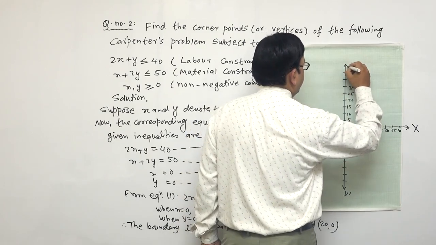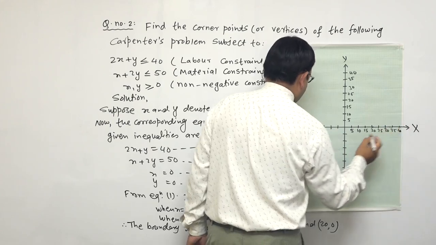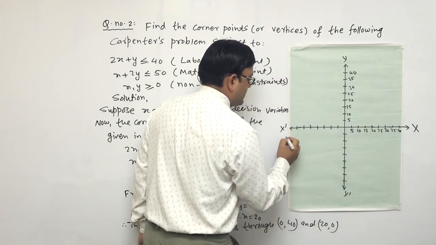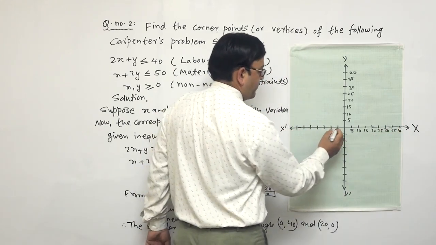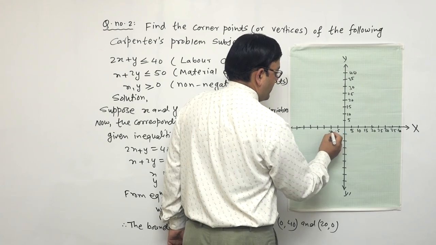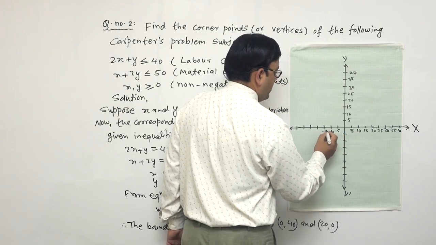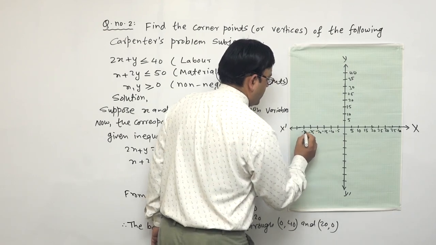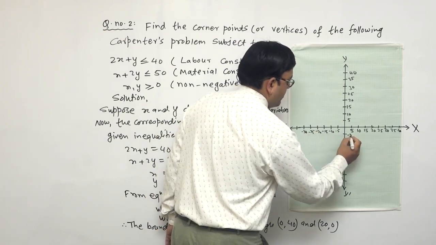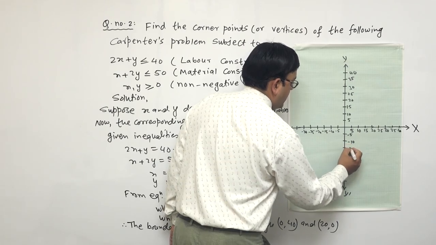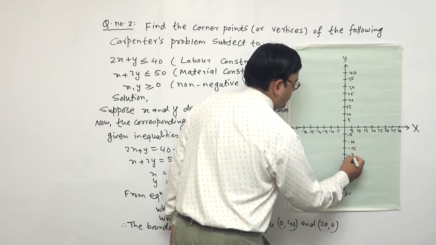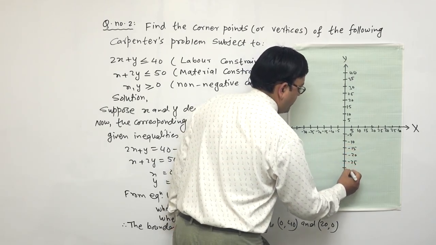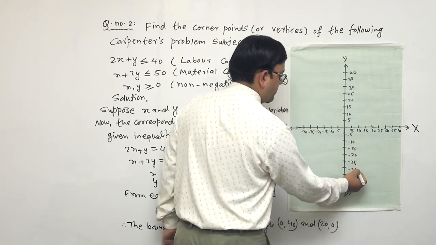Let us say this one is y and this one is x. So this one is x dash and this one is y dash. So here is minus 5, minus 10, minus 15, minus 20, minus 25, minus 30, and here also minus 5, minus 10, minus 15, minus 20, minus 25, minus 30.